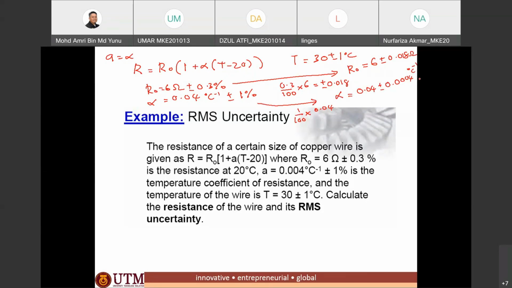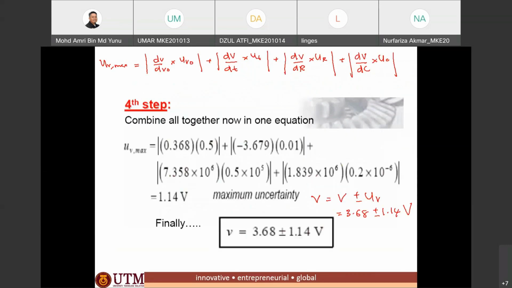So now you have converted all the values into a consistent form, the uncertainty in absolute. Then you can calculate the resistance of the wire and its RMS uncertainty.